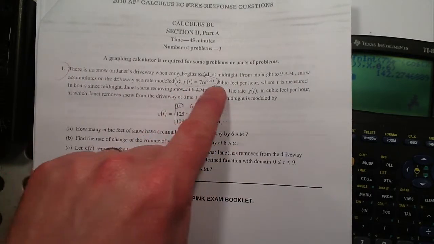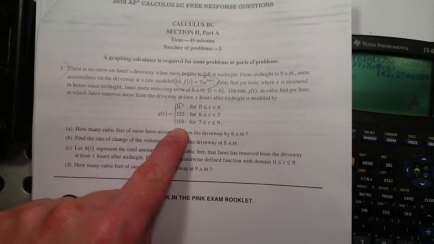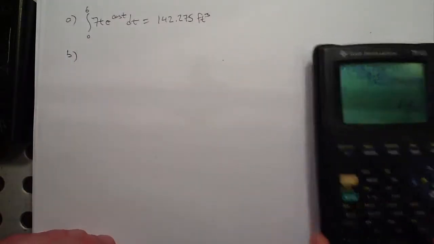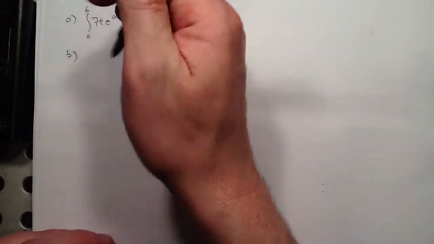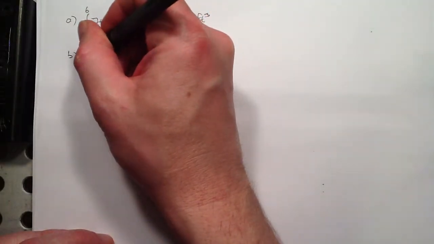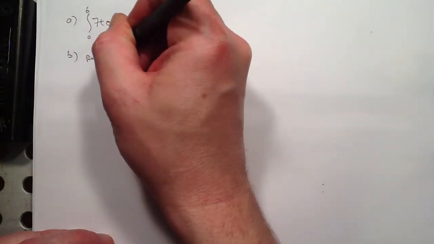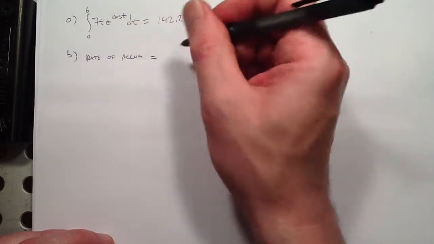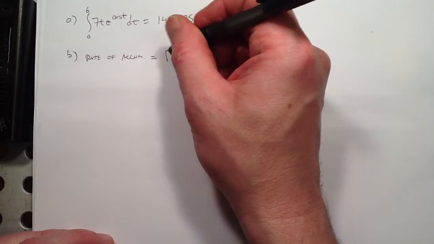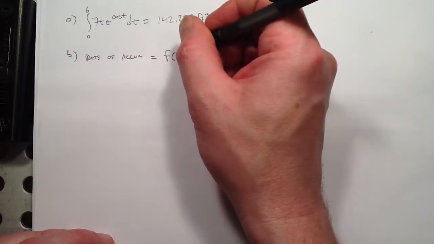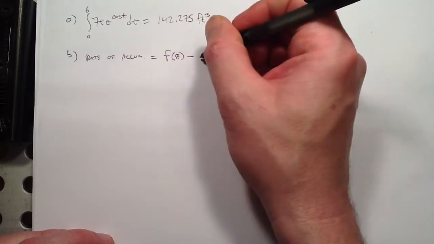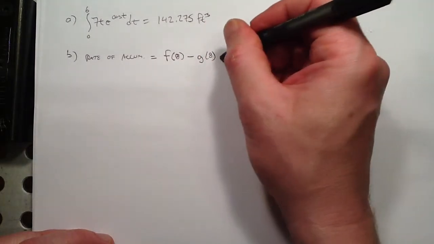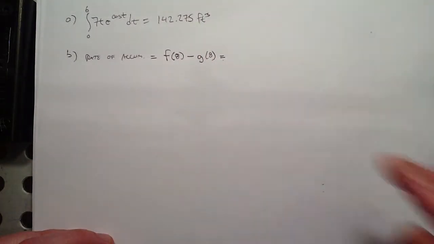So we have this accumulation minus her removing it at this rate. So we could say that the rate of accumulation is equal to the rate that it's building up at 8 minus the rate that it's being removed. Right?